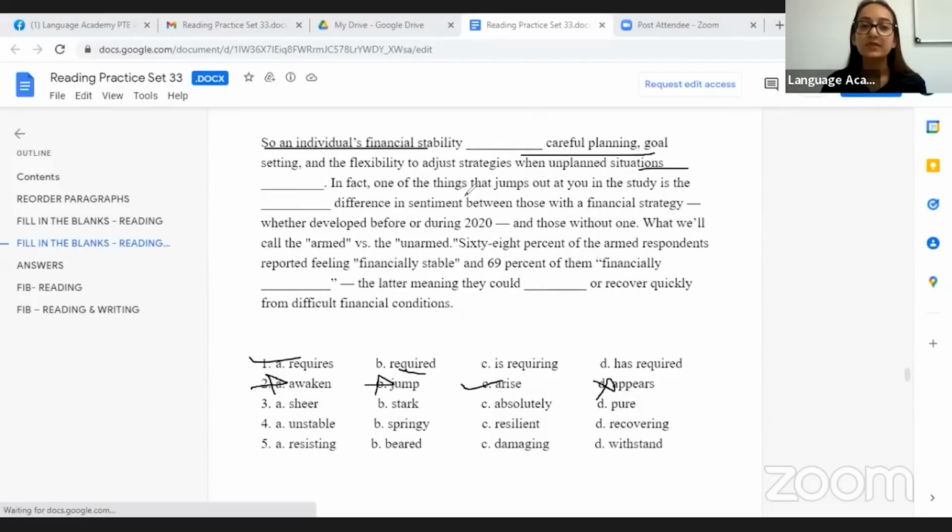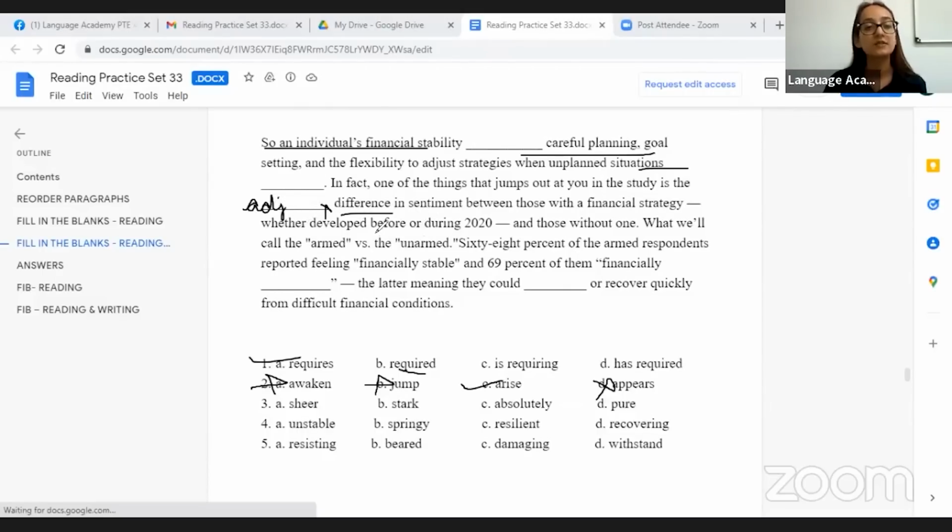In fact, one of the things that jumps out at you in the study is the dash difference in the sentiment between those with a financial strategy. When you read the sentence without the blank, it was complete: in the study is the difference in sentiment. Whenever the sentence is complete and after the blank we have a noun, we always put an adjective in this case, meaning what type of difference.